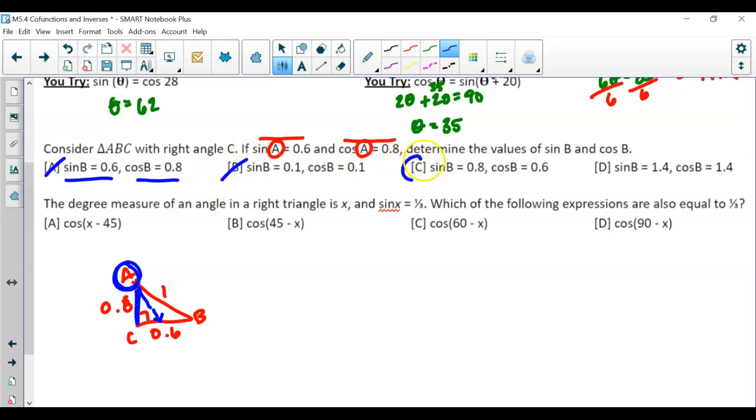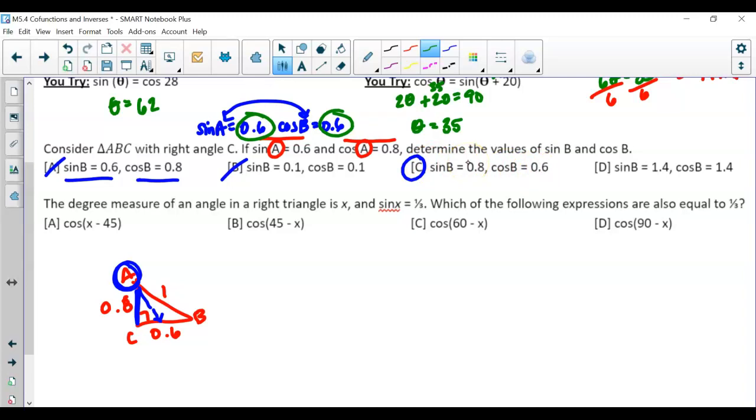That's why here the answer is C. Because if sine of A is 0.6 and cosine of A is 0.8, that means sine of A, which is 0.6, is the same as cosine of B, which is 0.6 as well. Because again, it's the complementary angles that have the same value. So that's why here, cosine of B is 0.6 and sine of B is 0.8.